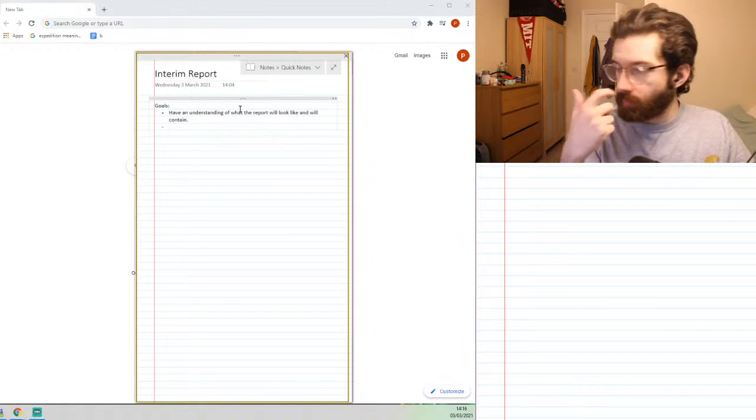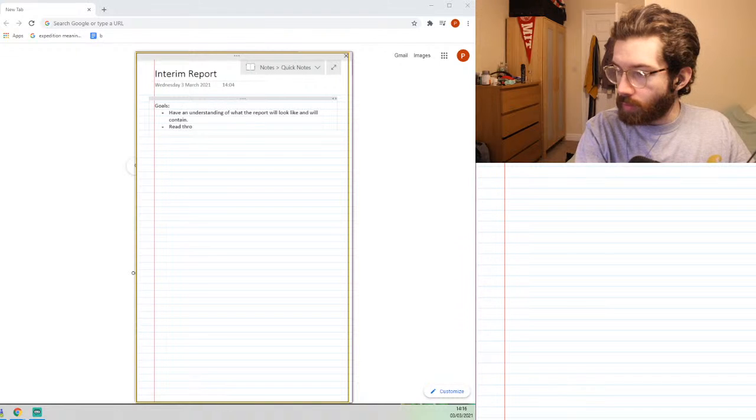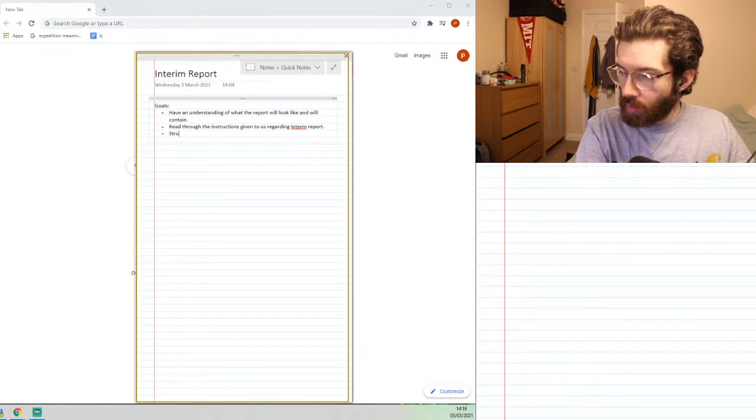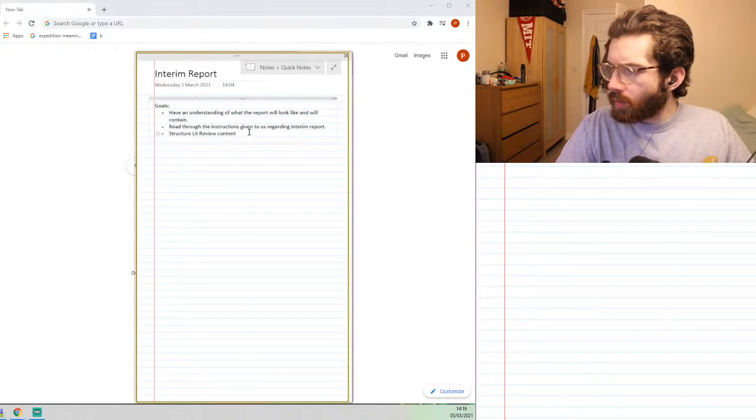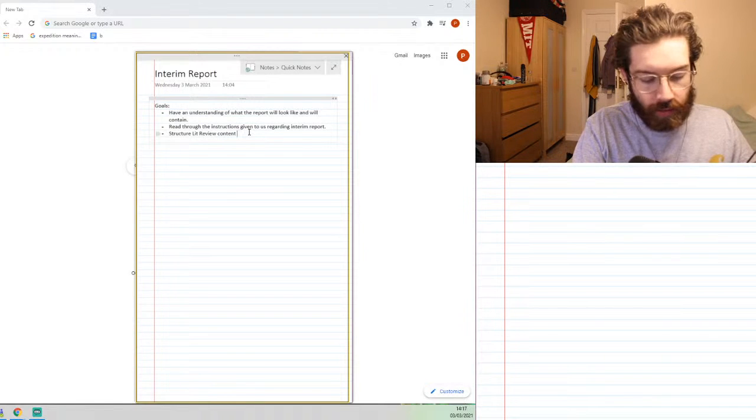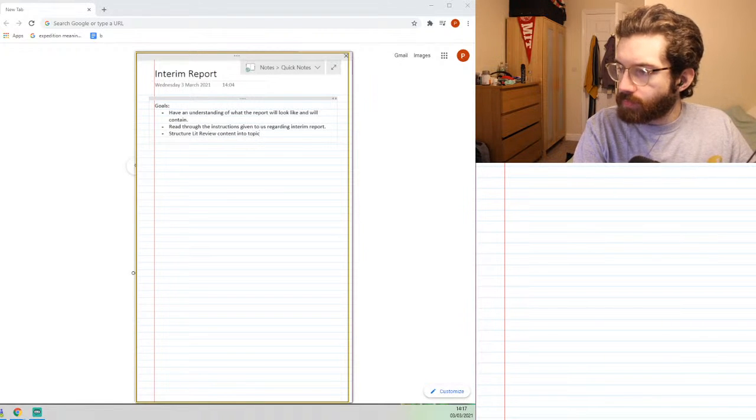Read through the instructions given to us regarding the interim project. Structure the lit review content into topics, as organized as possible.